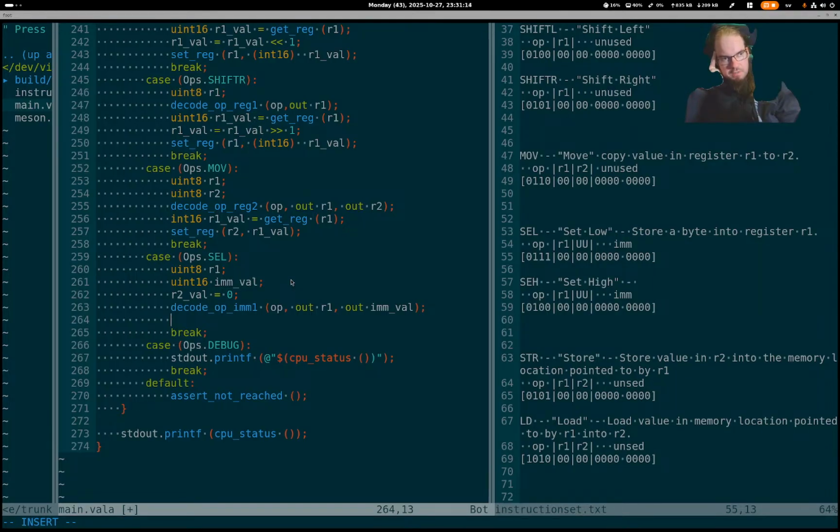We have to get the register first, the value of the register, because we can't be certain if they're going to set the high or low first. So we are going to basically do both, I guess. Have both variants, and yeah.